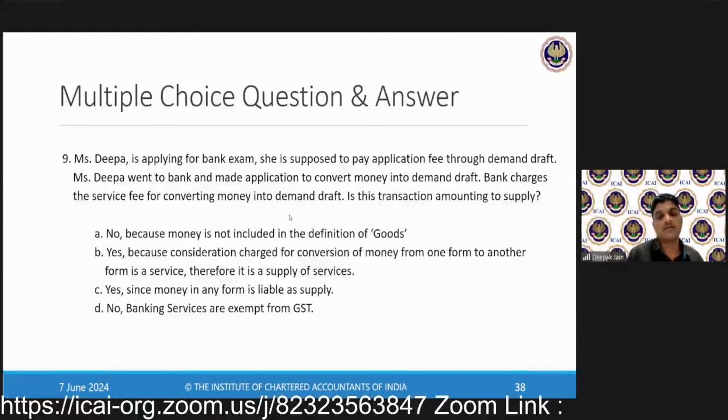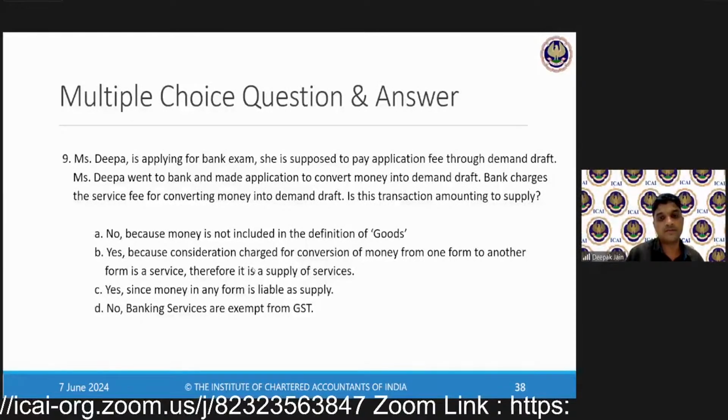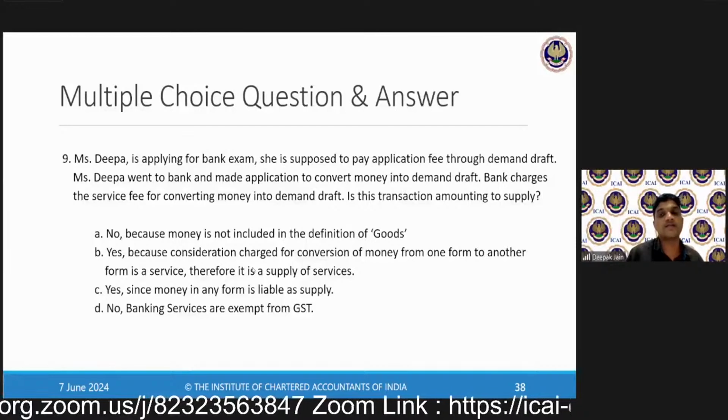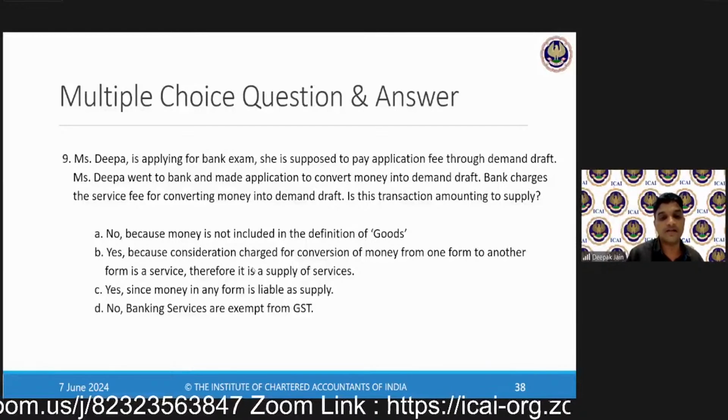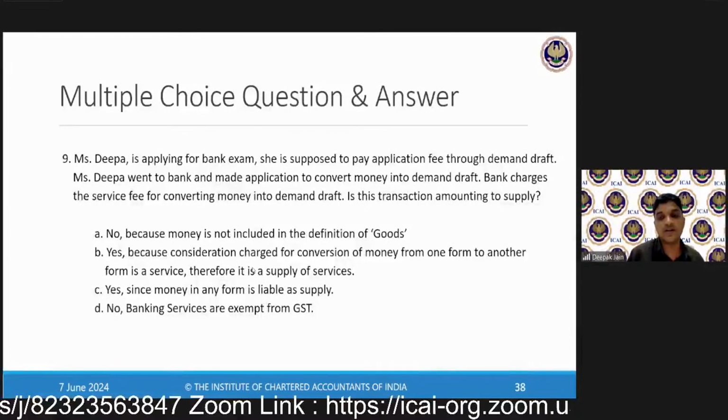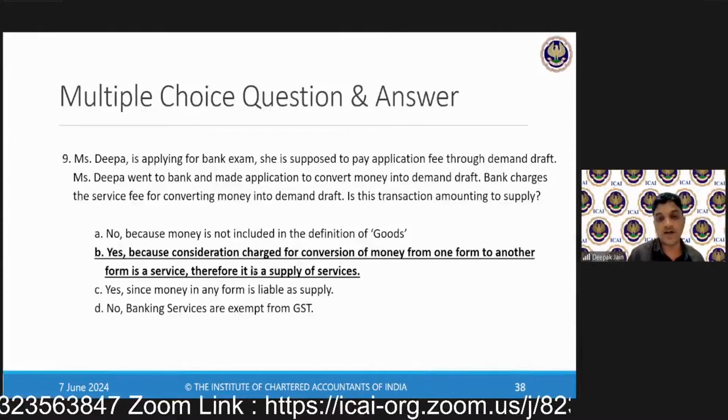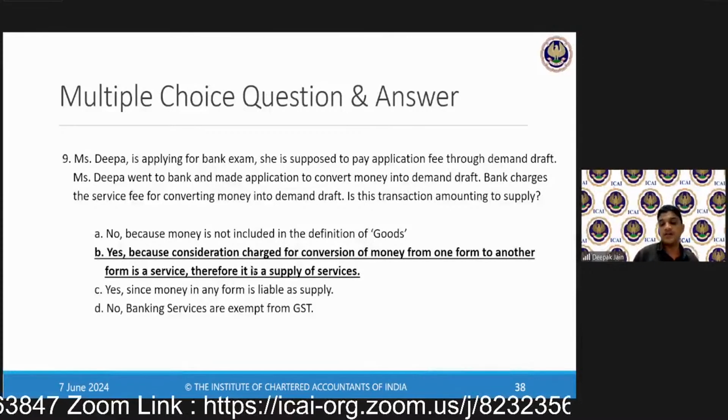Mostly correct answer. The answer is B. Yes, because the consideration charged for conversion of money from one form to another form is a service. Therefore, it's a supply of service.